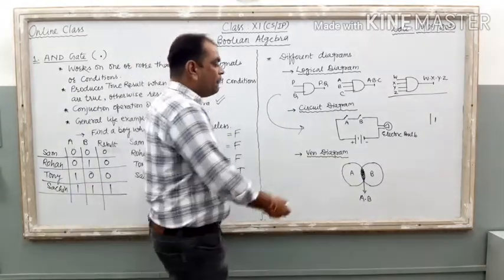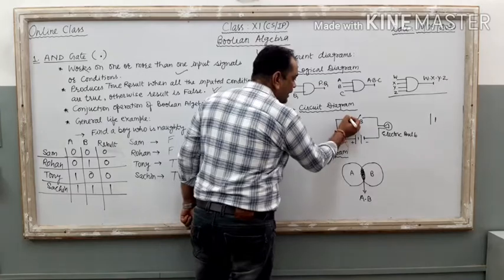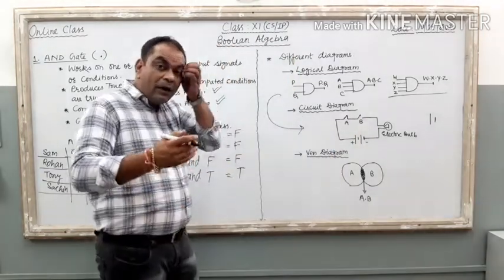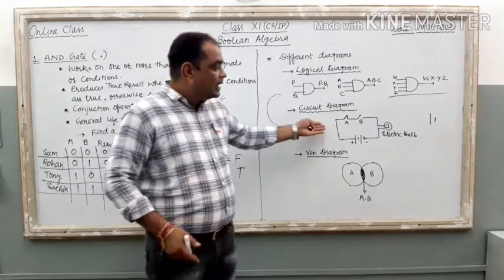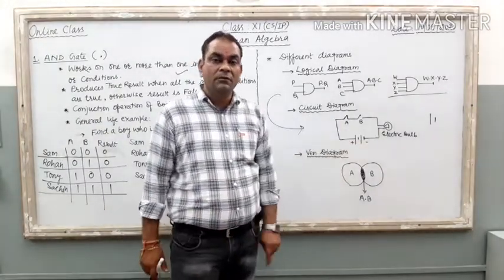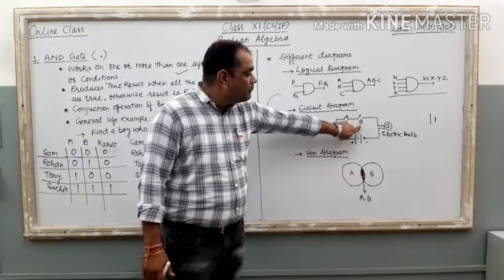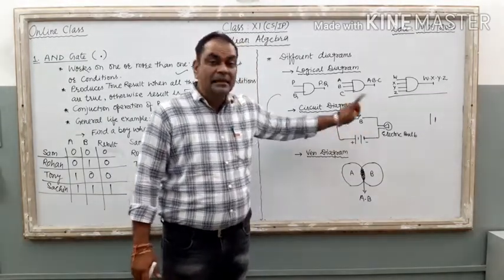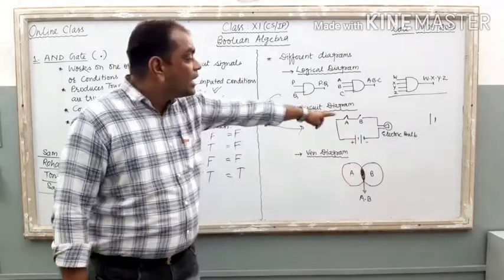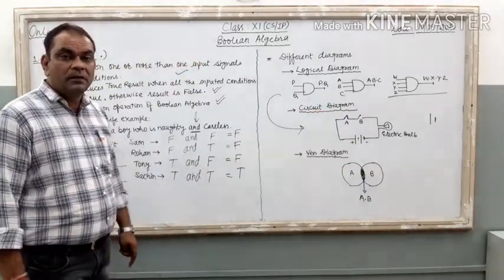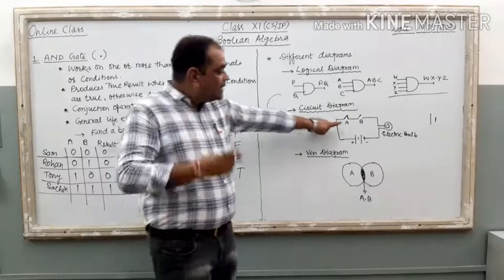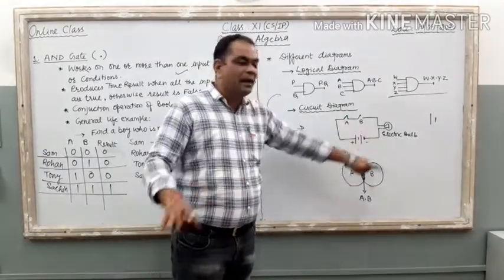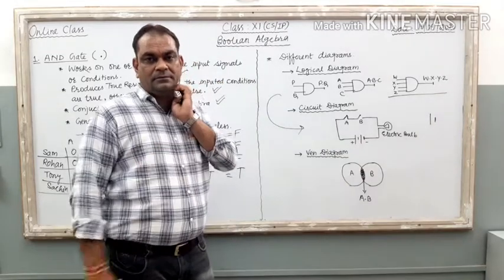Now, if I switch on A, I just connect this switch with this wire, it means it is on. Then will the bulb be on or off? A is on, but B is off, open. It means the electricity still does not reach the electric bulb. So if A is true and B is false, the bulb's overall result is false.